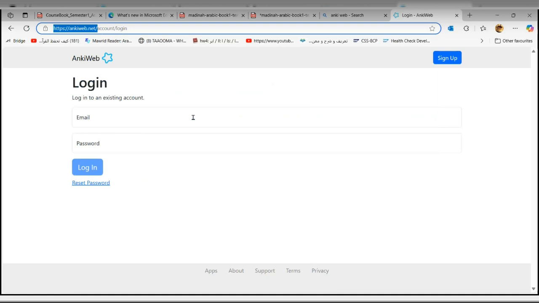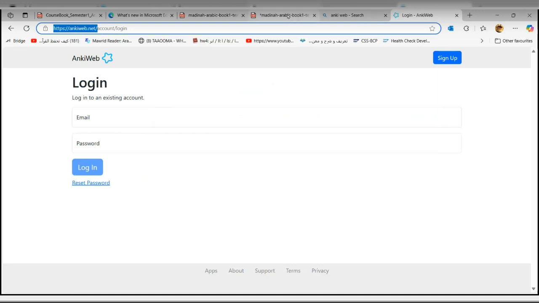Now, if your meaning is correct, you have one of four choices to pick from: easy, good, difficult, or hard. Based on what you pick, Anki will decide how frequently to show you that word as you're flipping through. It's based on memory science and how people remember things, and it's really useful.